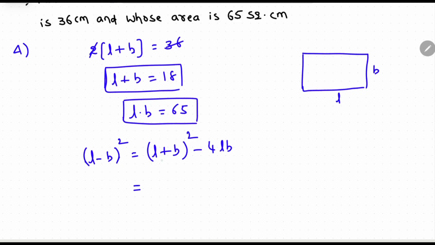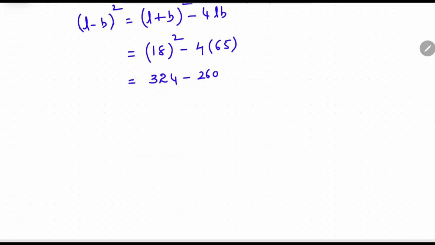Now what is the L plus B value there? 18 power 2 minus 4 into 65. 18 power 2 will be 324, minus 4 into 65 which is 260. Therefore on subtraction we will get 64. (L minus B) whole power 2 equals 64. So applying roots on both sides we will get L minus B equals plus or minus 8.